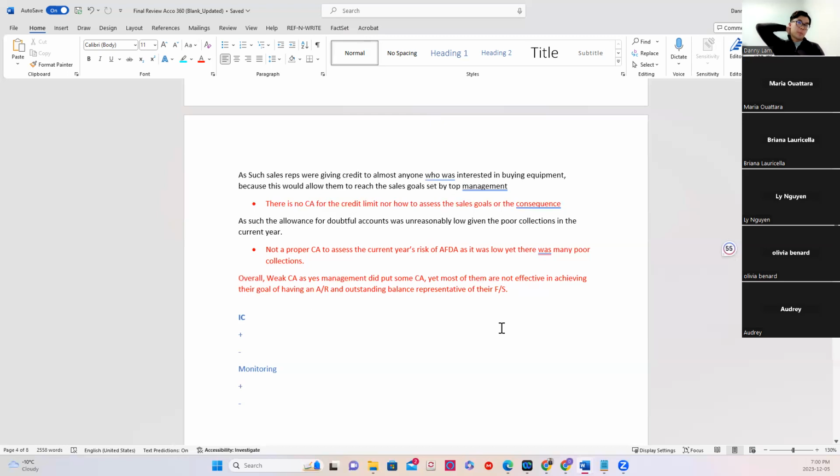I don't know if you remember, but if it's preventative, it's usually automatic, but here it's pretty manual, right? Okay, so that's a good point. There's not enough control.